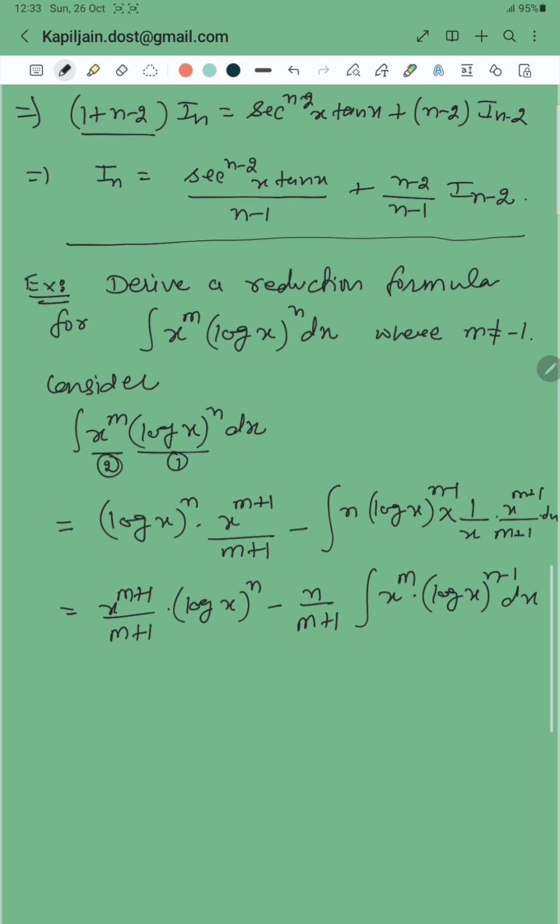So this is our required reduction formula, in which the given integral x raised to power m (log x) raised to power n is connected with this integral in which x raised to power m is the same, but (log x) raised to power n is replaced by (log x) raised to power n minus 1.